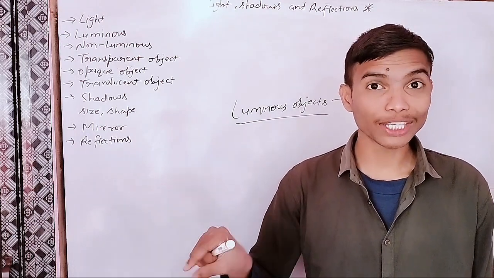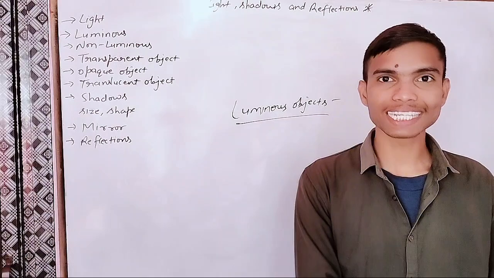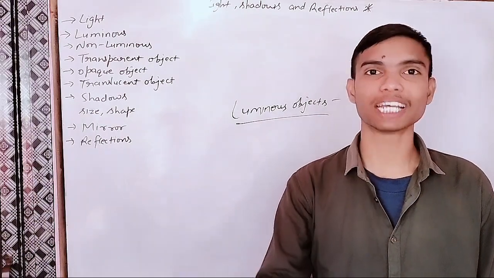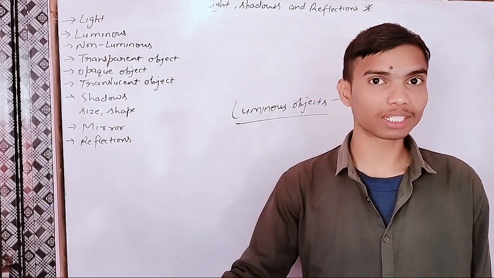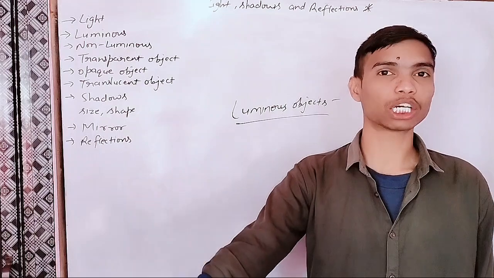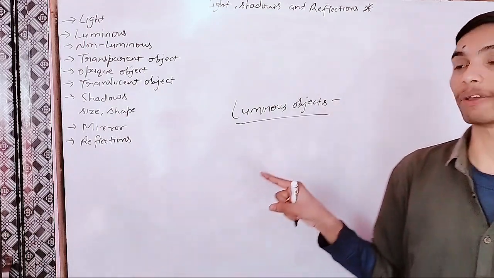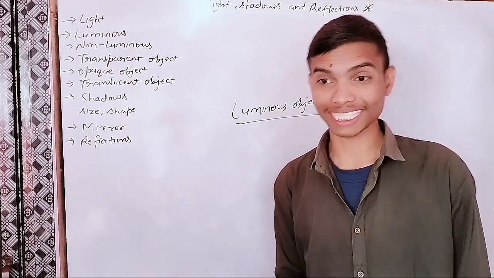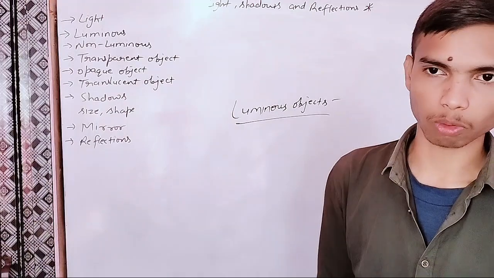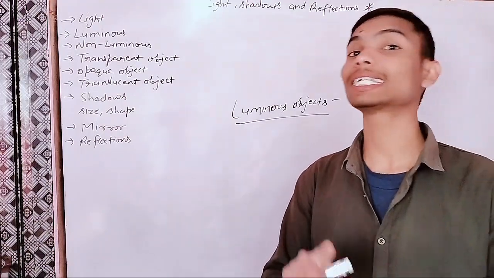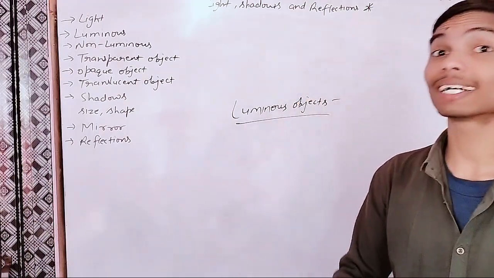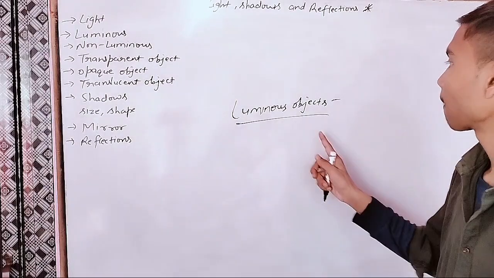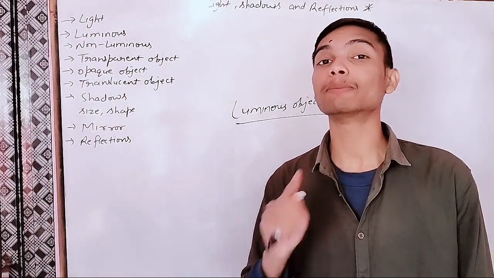One object can emit its own light, but the second object cannot emit its own light. So the first object, which is emitting its own light, will be the definition of luminous objects. The second, let's say suppose a marker, cannot emit its own light.